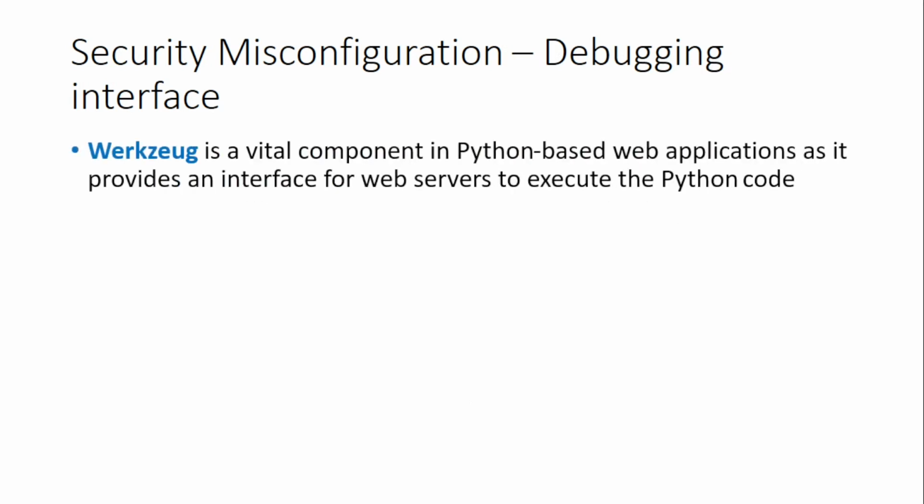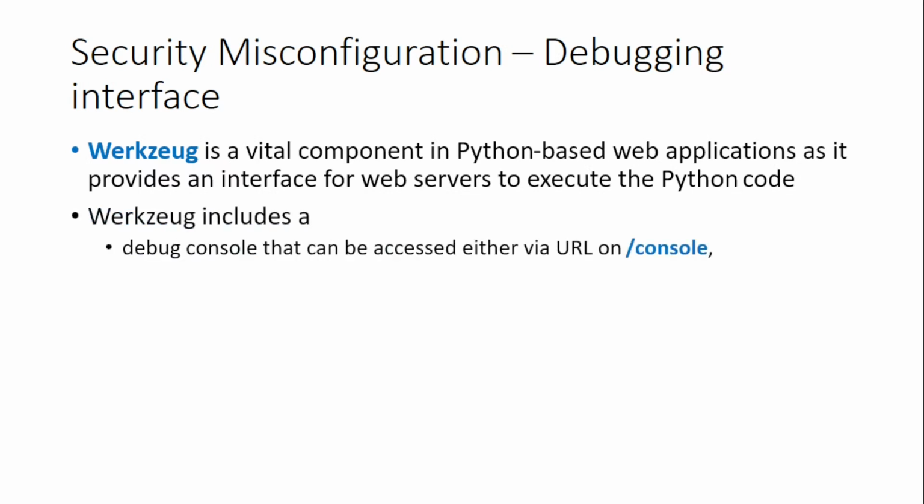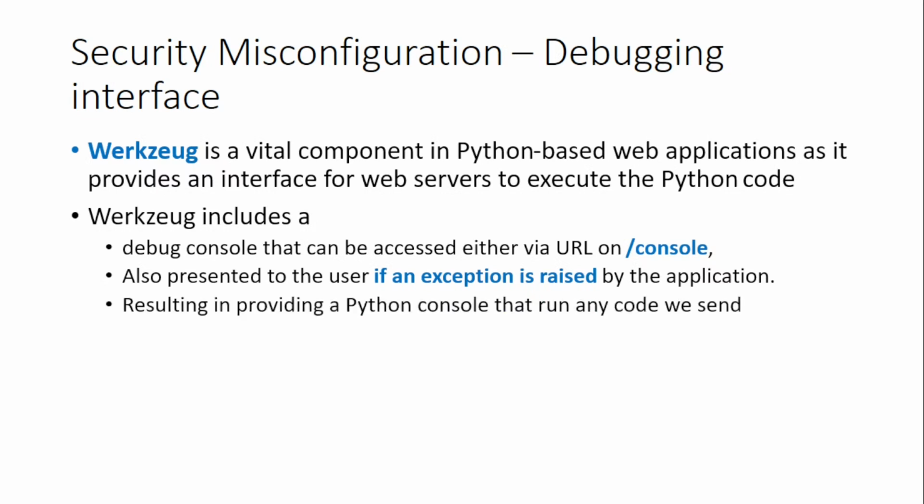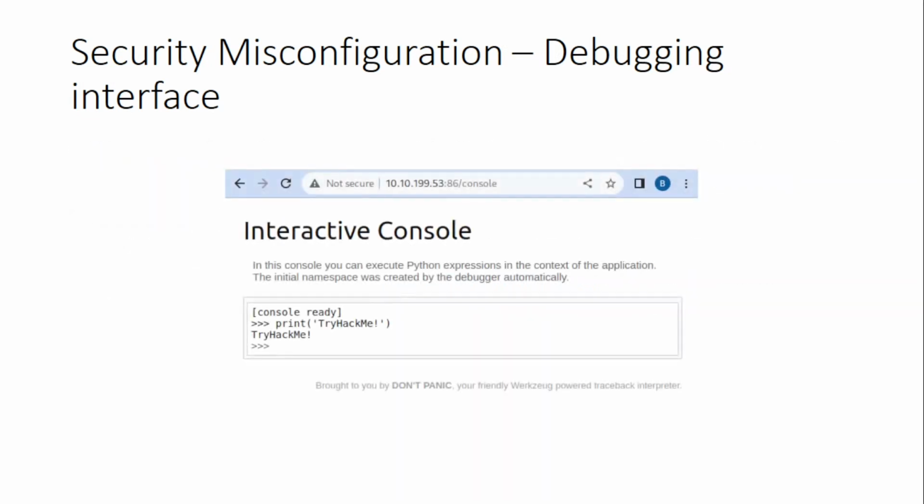So what is Werkzeug? Werkzeug is a vital component in Python-based web applications as it provides an interface for web servers to execute the Python code. It includes a debug console that can be accessed either via the URL /console or if an exception is raised by the application. It provides a Python console that runs any code we send, and because we can execute any code, in the end we can end up with an RCE, remote code execution.